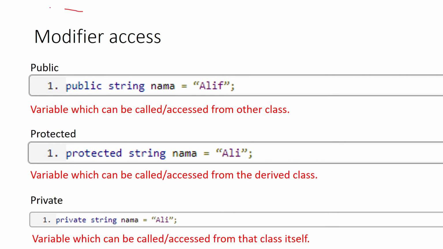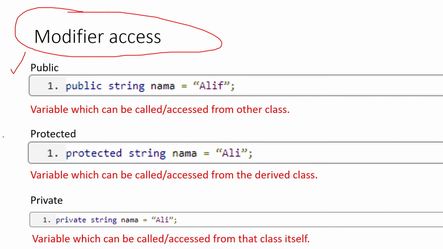This is the access modifier: how to know public, protected, and private. Public can be accessed from other classes. For example, alif means other classes can access this variable named alif.